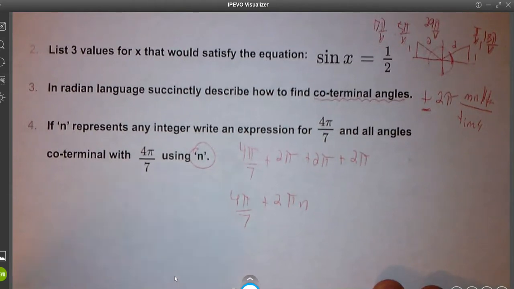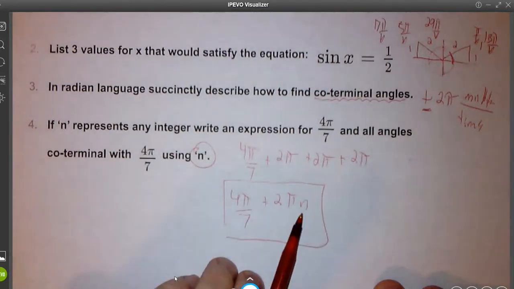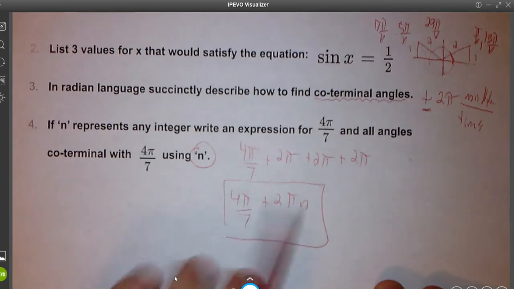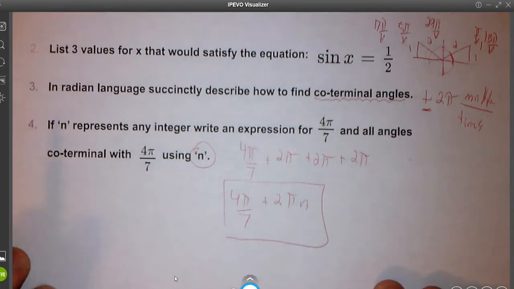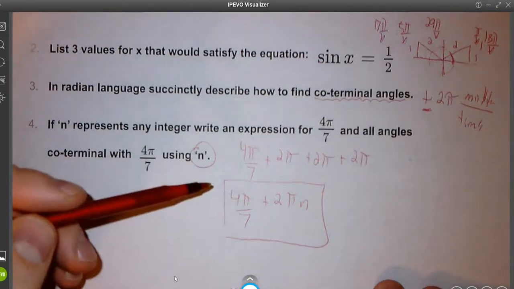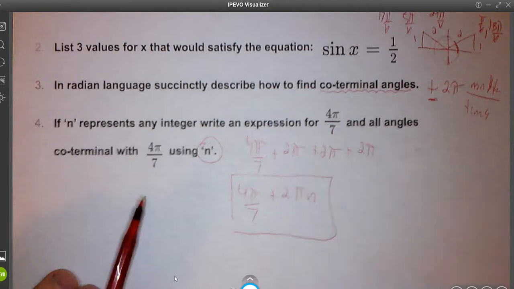And when we write problems like this, it's called a general solution. n will just be any integer, positive or negative. If it was -5, that would be like going around the circle in the opposite direction 5 times to get all these coterminal angles. It could be +2, go around twice, +7, go around 7 times. This will give me all coterminal angles with 4 pi over 7 and 4 pi over 7 itself. If n is an integer, n could be 0, and then I would just have 4 pi over 7.